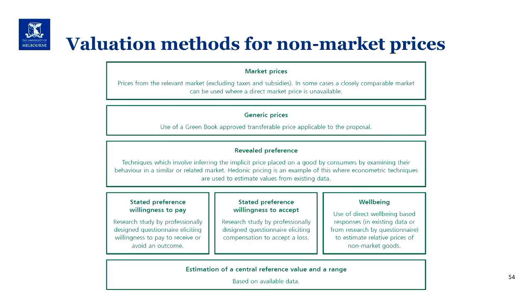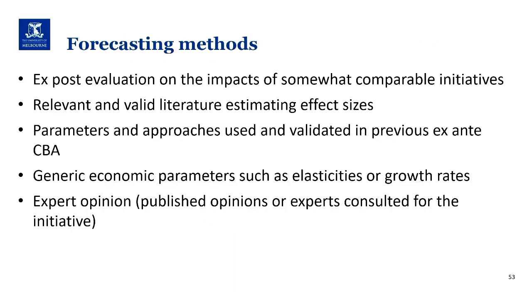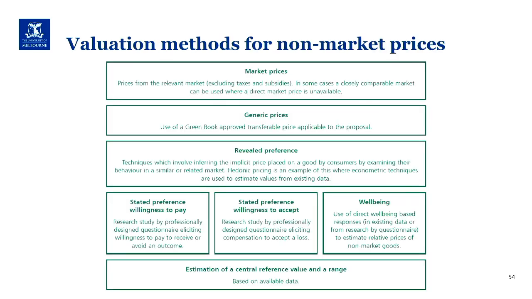So the ideal is to use a combination of these forecasting methods. With that, you are going to have a more robust estimation of your numbers. And you can use also market prices or generic prices if they are available. And if not, as I was telling you, there are some other approaches or methods that you can use.